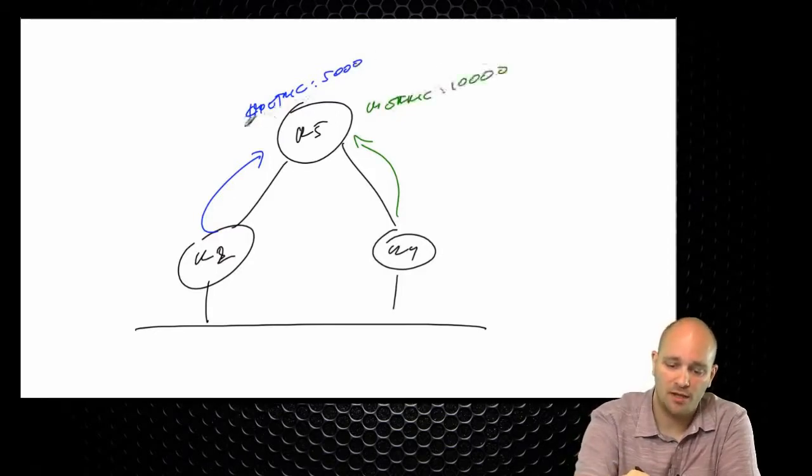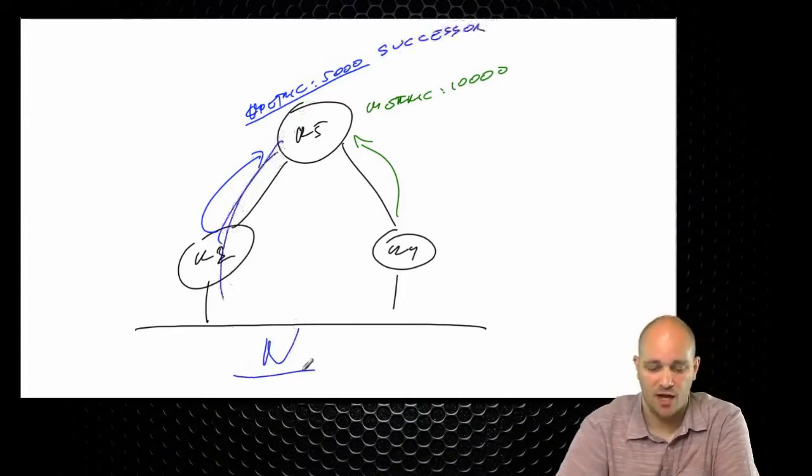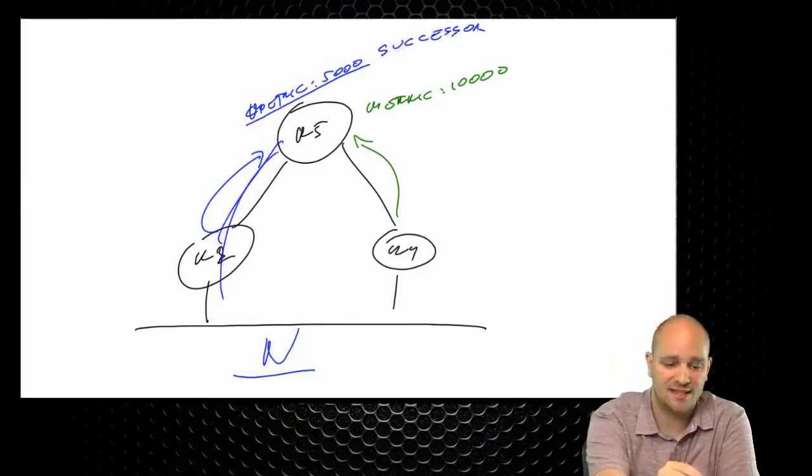Basically, this one here is going to be called successor. Why? Because it's the best path to reach this network N that was advertised by both R2 and R4. So this is what a successor is.